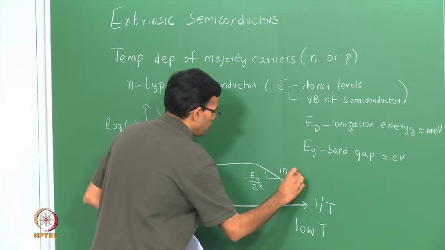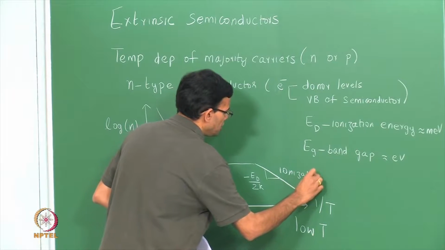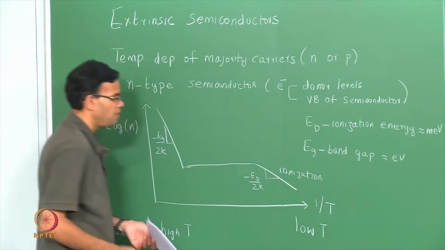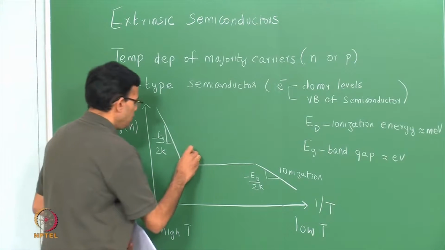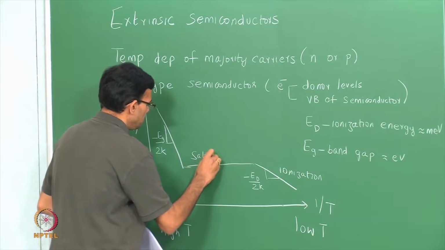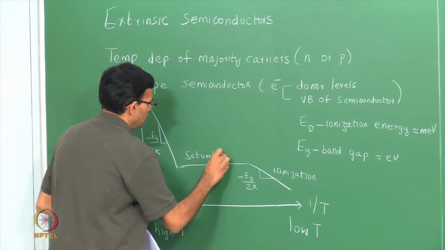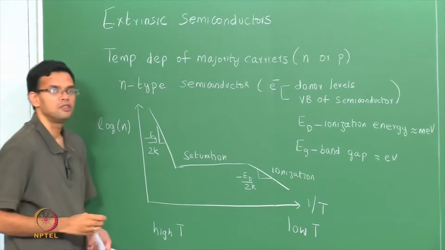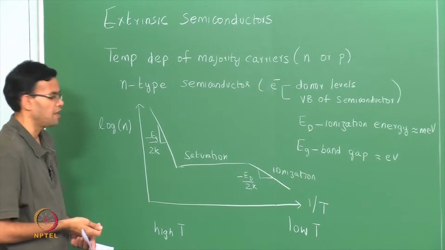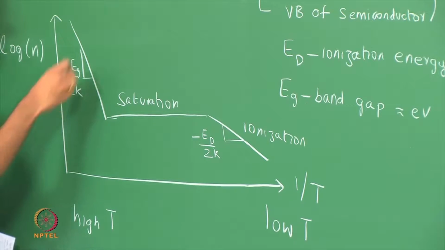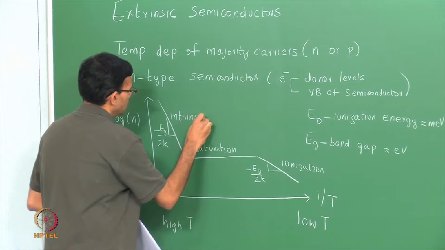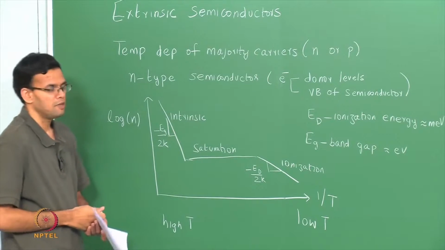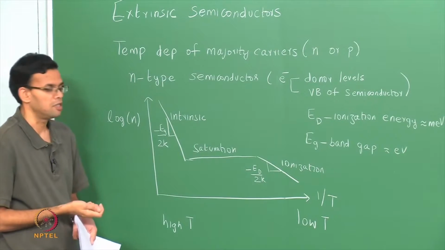The low temperature one we call the ionization regime, because it is dominated by ionization of the donor atoms. Then you have a saturation regime, where the concentration of electrons, which are the majority charge carriers, is nearly a constant. And then we have an intrinsic regime, where your extrinsic material behaves like an intrinsic one.